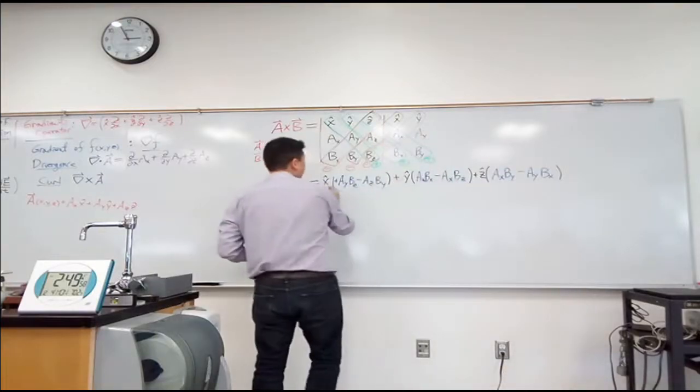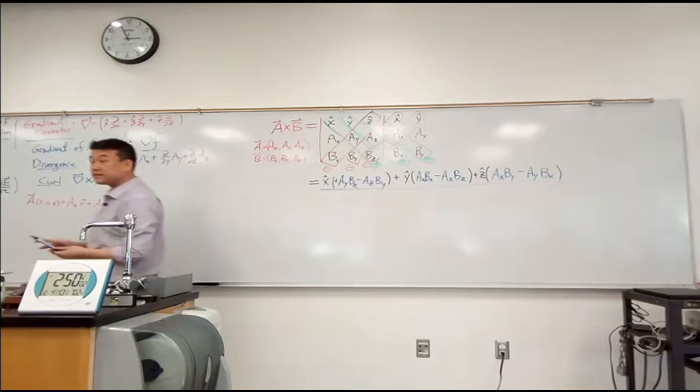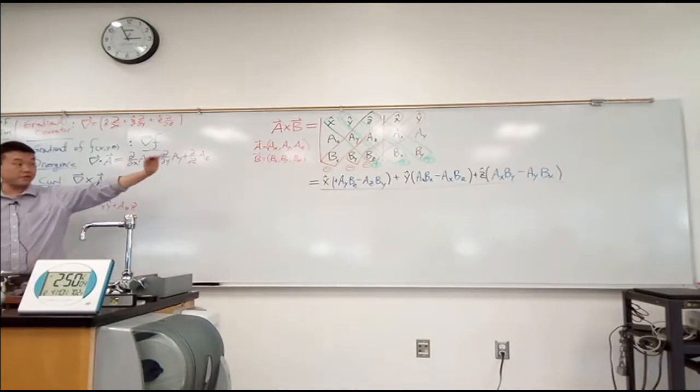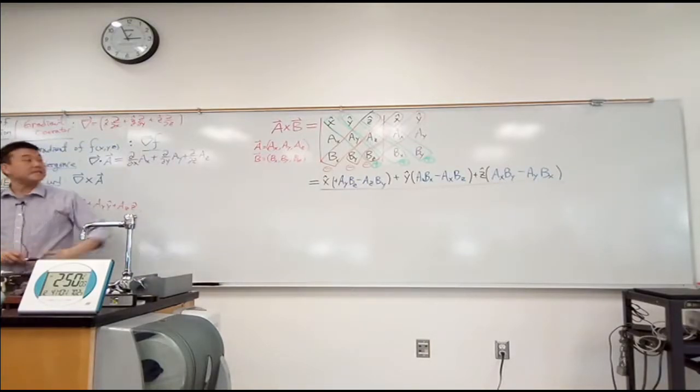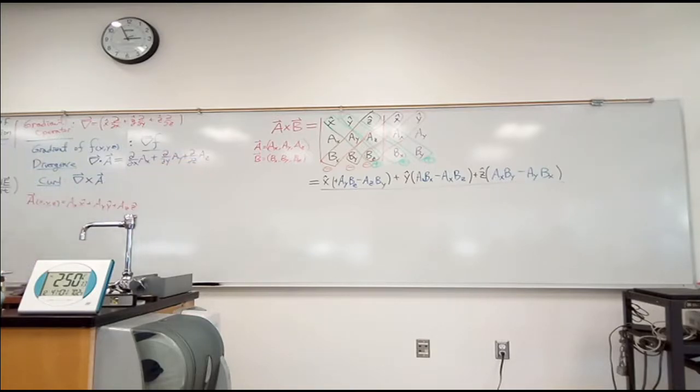And there is actually a pattern to this, something called the cyclical versus anti-cyclical permutation that you can use to memorize that. But this is the quickest way that depends on something that you are supposed to know already. So let me write this down, and we'll wrap up there.